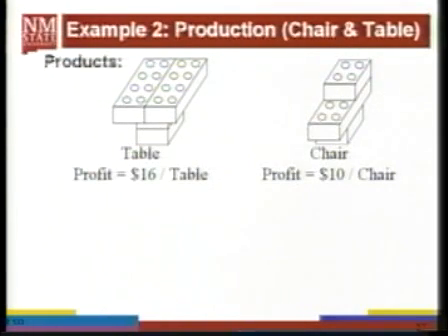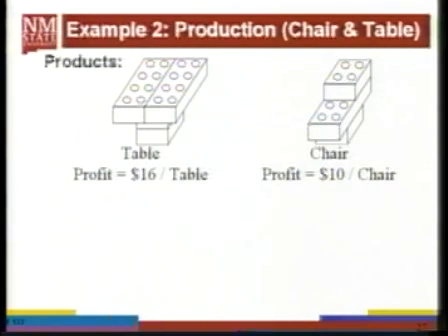Then let's consider another example. We'd like to make tables and chairs to maximize profit. Okay? The profits are expected to be $16 for each table and $10 for each chair. Each table uses 2 large bricks and 2 small bricks.